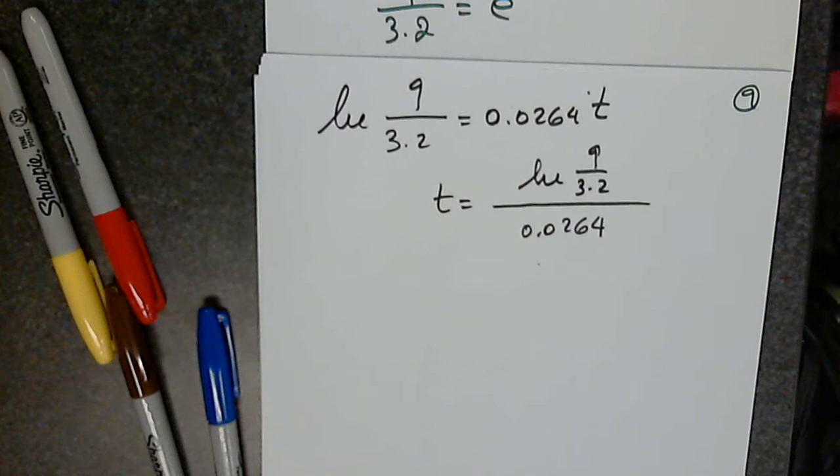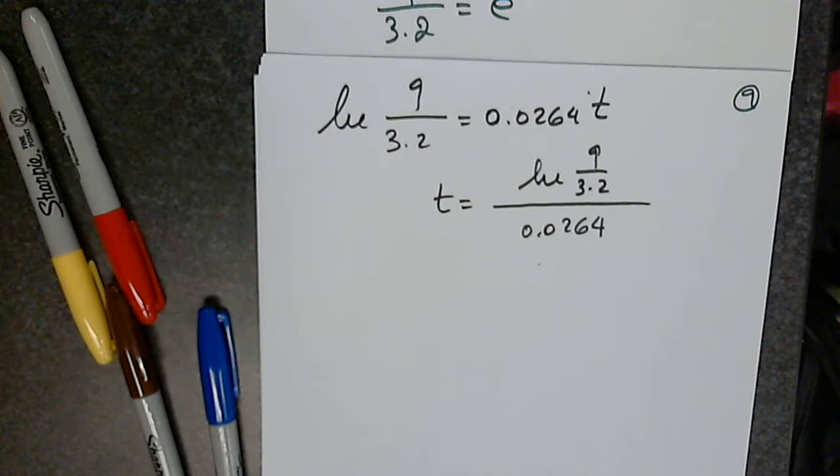Punch it in the calculator. So natural log 9 divided by 3.2. So I will just copy this. So it's 9 instead of 12. Oh, never mind. I messed it up anyway. So natural log 9 divided by 3.2, and everything divided by 0.0264.